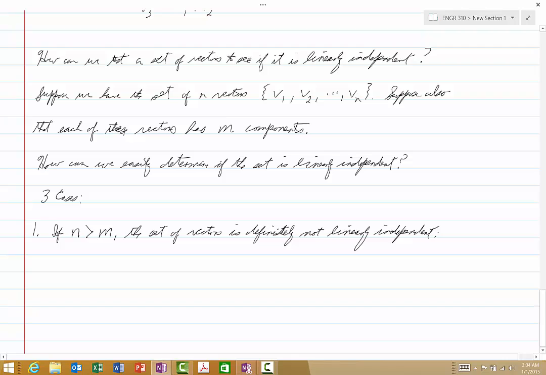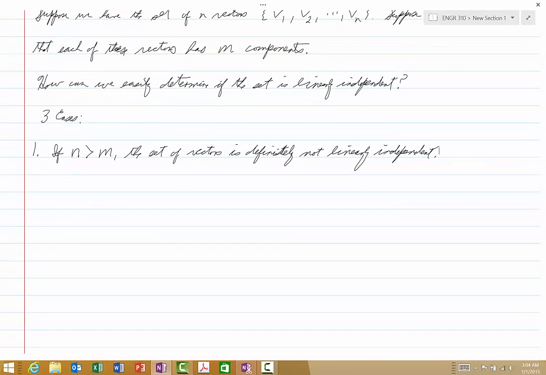So, in other words, if the number of vectors is greater than the number of components in the vectors, then the set cannot be linearly independent. So there's no way, vectors in R3 have three components. So if you have 5 vectors in R3 and you want to know if that set of 5 vectors is linearly independent or not, I can guarantee you it is not linearly independent. If the number of vectors exceeds the number of components, then it is definitely not linearly independent.